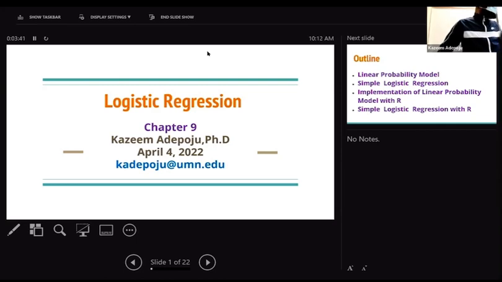At times we may want to build a statistical model to characterize relationship between variables. But there are different kinds of statistical models that we can use.